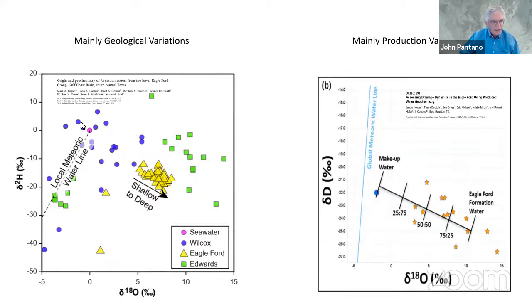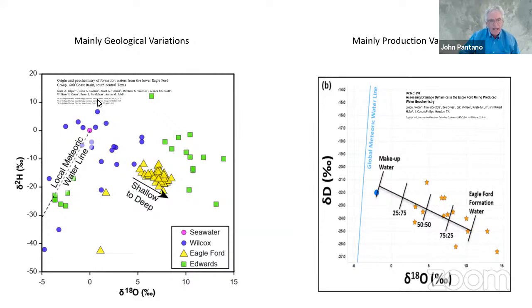So let's look at some possible data. Over here on the left is a traditional stable isotope plot of oxygen versus hydrogen. In another graph, you'll see where the local meteoric line is related to the map I showed you previously.